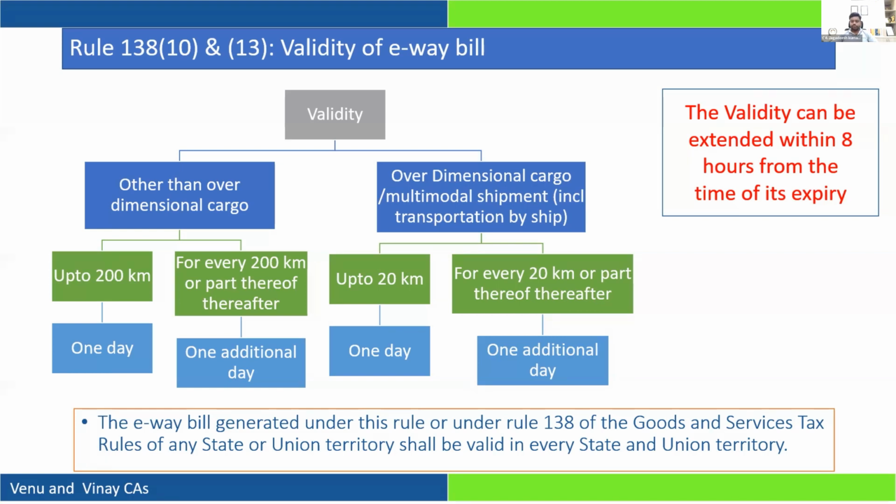So from today 4 p.m. that window will open, and after 8 a.m. it will get closed. The e-way bill generated under this Rule 138 is valid in all the states across the country.